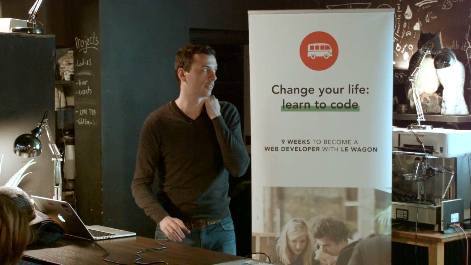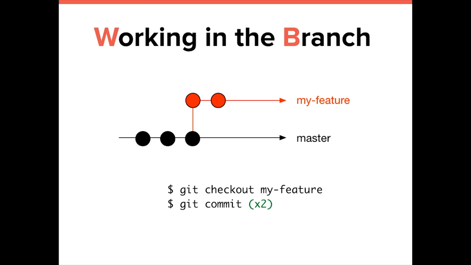Basically, that's the idea. To complete a feature, maybe you will need 2 or 3 days and several commits. If you commit every night what you did on master and it's not finished, this code in master is the official one. It's the one which can be pushed to production, which can be run on the server.